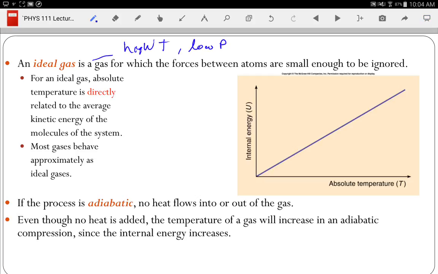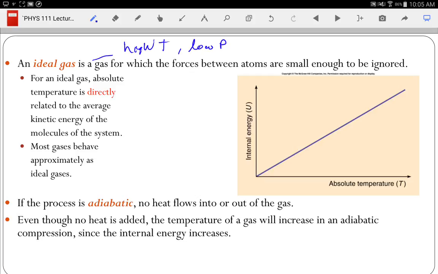Water has a boiling temperature of 100 degrees Celsius. So steam, water vapor, at 105 degrees Celsius is not close to ideal, because it's pretty close to the boiling temperature. Steam at 500 degrees Celsius is very close to ideal, because it's well above the boiling temperature. Now, for air, what's the primary component in air? Nitrogen, 79% nitrogen.